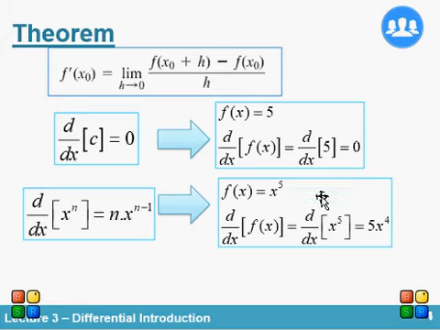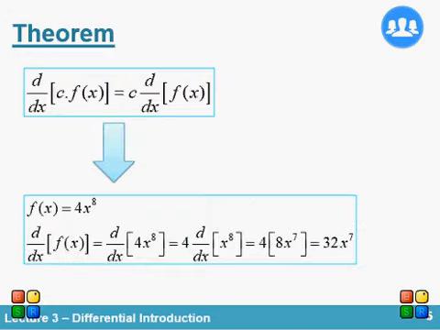So the 5 we can put in front of x, as the 5 becomes the constant. But don't forget the power: 5 should be minus 1. So the differentiated function equals 5 multiplied by x to the power of 4. This is the same as before.